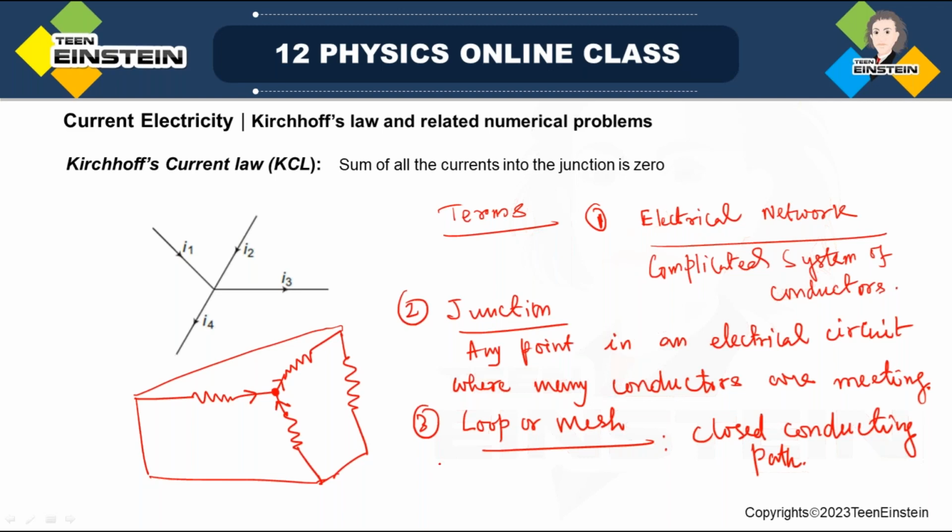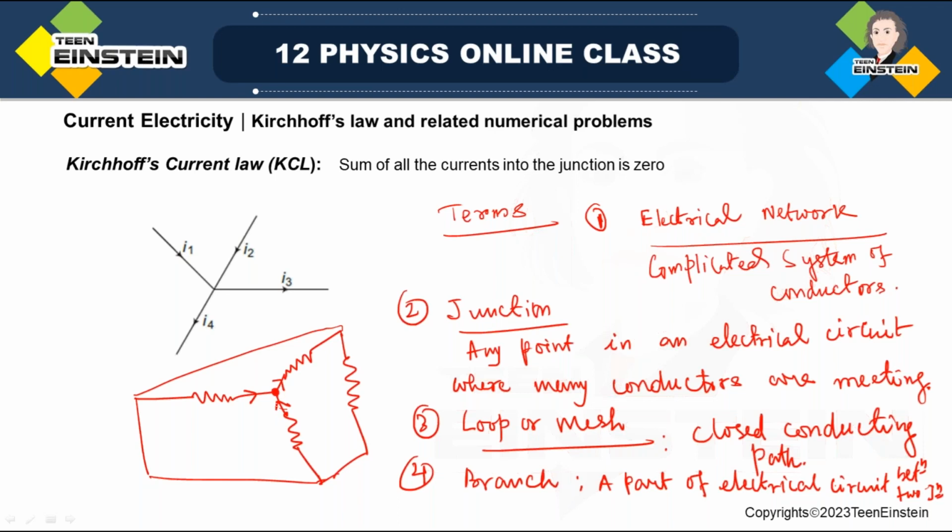And what is a branch? A branch is a part of an electrical circuit or network between two junctions.